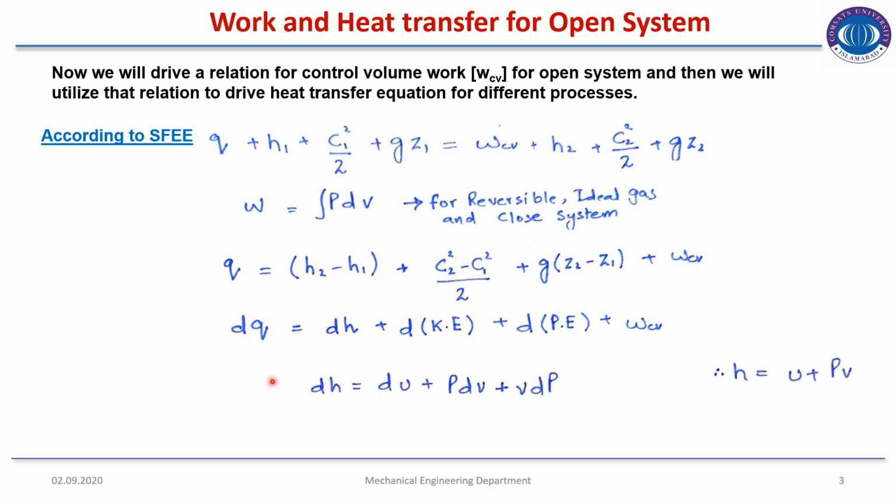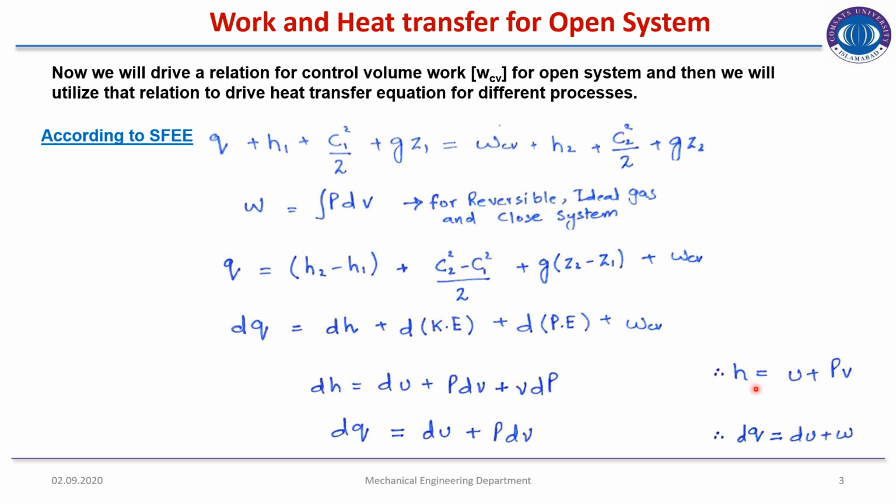Now we have derived two relations for the enthalpy that are also known as the Gibbs relation. So we have previously derived those relations. dH is equal to dU plus p dv plus v dp.